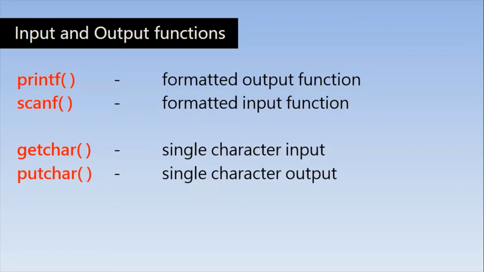Input device may be the keyboard or any files also. Output functions use the standard output devices such as monitor or any text files. Here the output device is not fixed. So the getchar function takes a single character from the keyboard and the putchar function prints just a single character on the output screen.